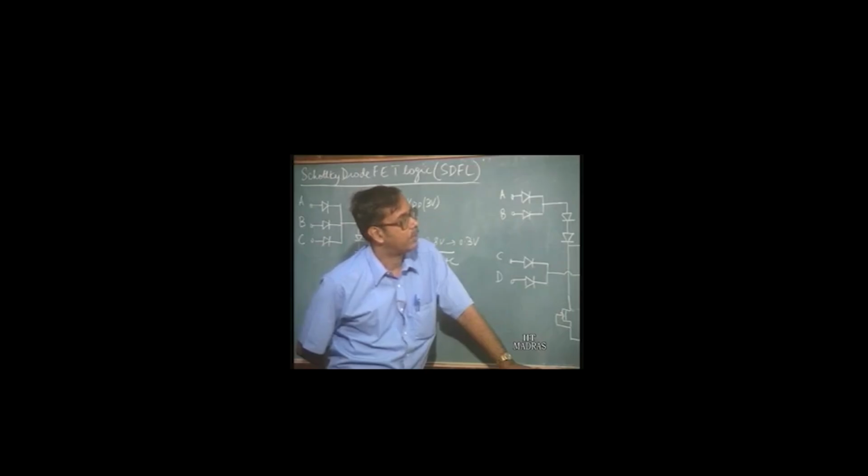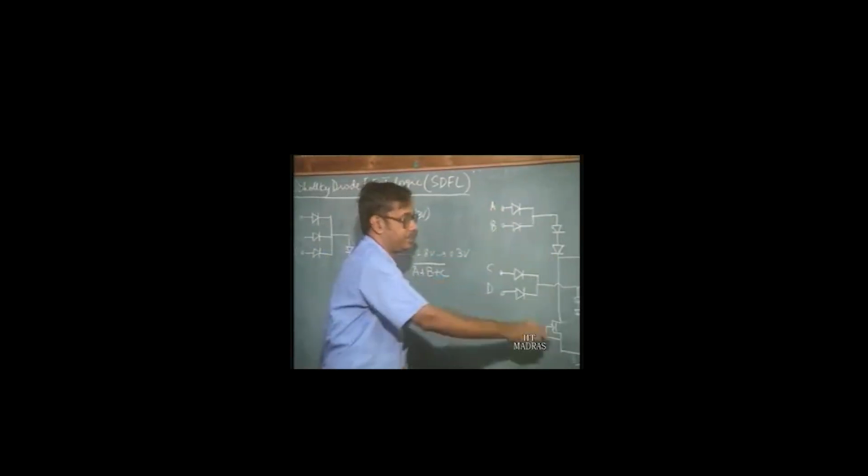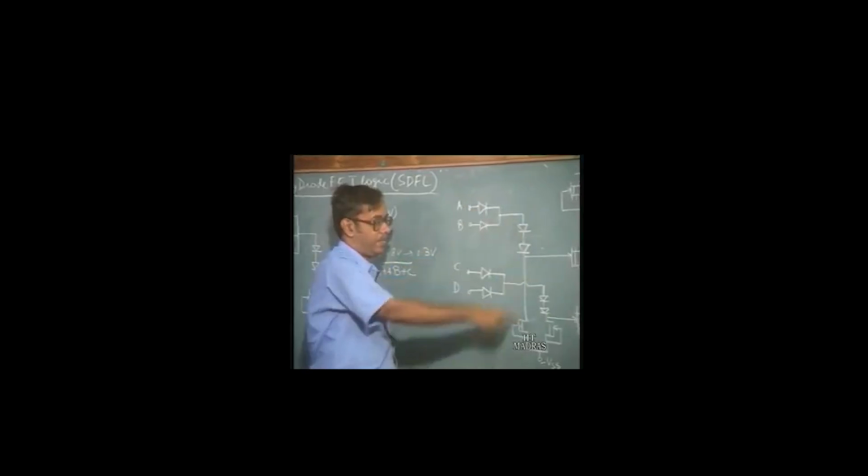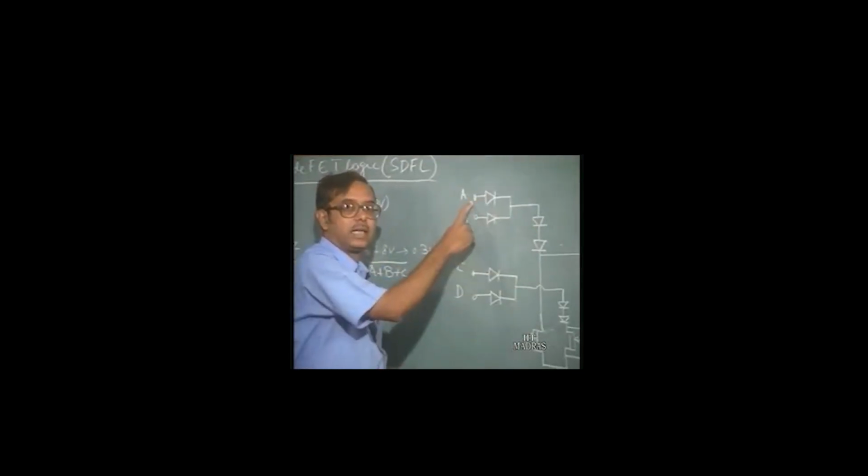The disadvantage of this particular logic family is that the input is always going to draw current, irrespective of whether the input is high or low, because you must have these diodes on, at 0.7 volts, and for that there must be current flowing. So this current has to be driven by the output of the previous gate.